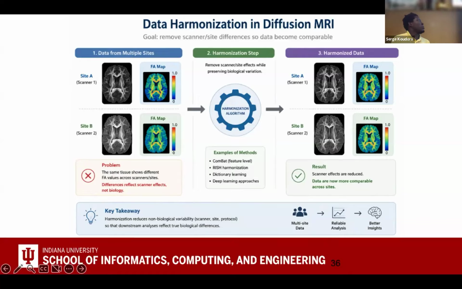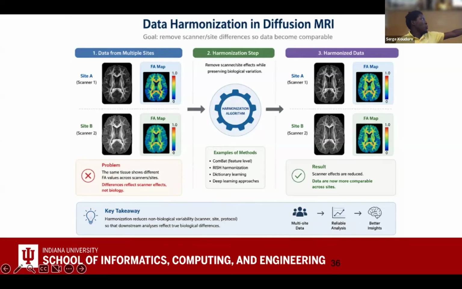There are different algorithms that exist: ComBat, RISH, or dictionary learning, or deep learning approaches, of course. The most used currently is ComBat. ComBat works on all our maps, FA map, MD map, etc. They try to homogenize all these metrics before you go further, because those maps are used later.